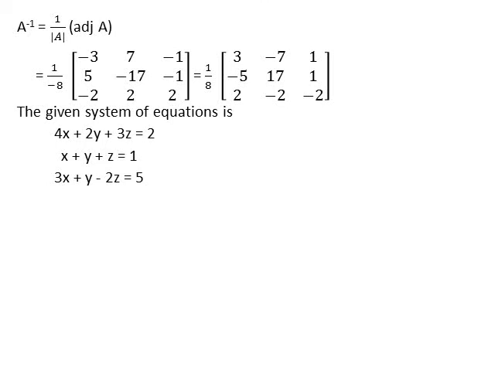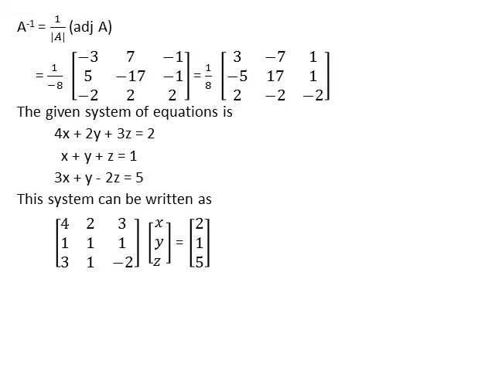First write the given system of equations in matrix form as written here. In this question, matrix A is already given to us. So before writing the coefficient matrix of order 3 by 3 as matrix A, let's check, is it equal to the given matrix A?